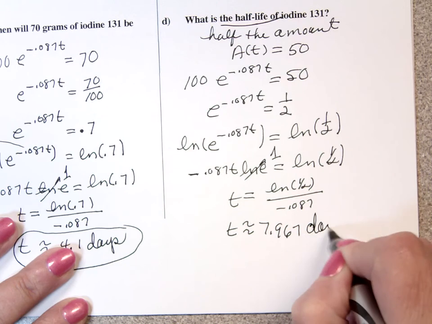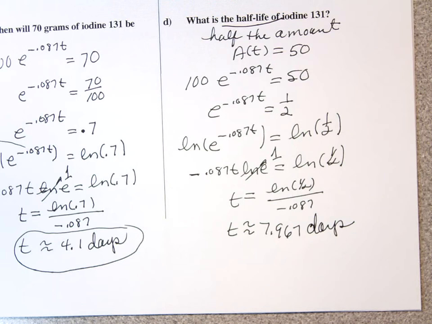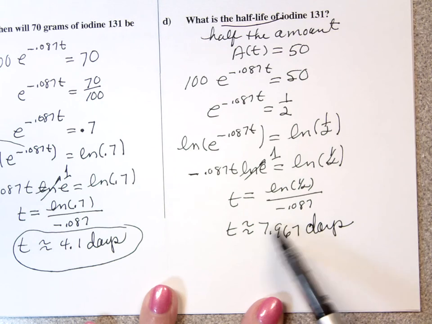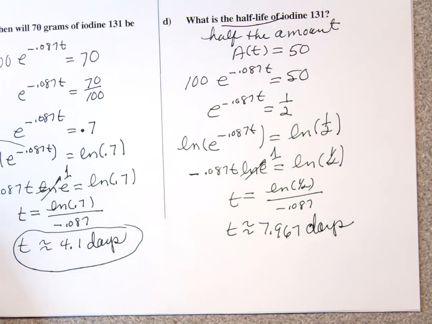Days. Or you could say 8 days, right? Because the minute you start rounding, this would be fine, 7.97. But if I start rounding, this 6 turns that into a 0, which turns a 7 into an 8. So 8 days, as an approximation, would be about right.